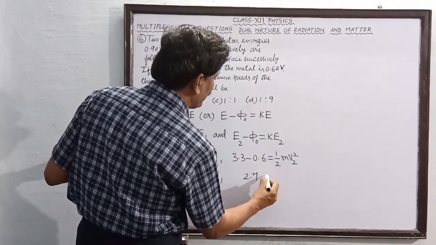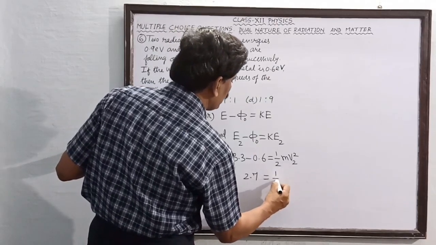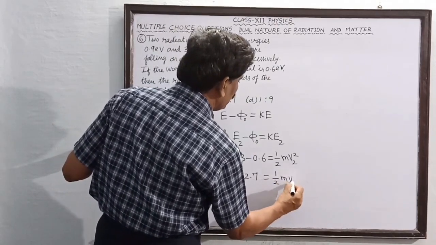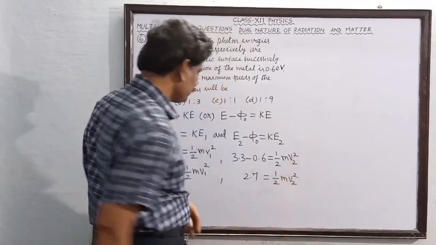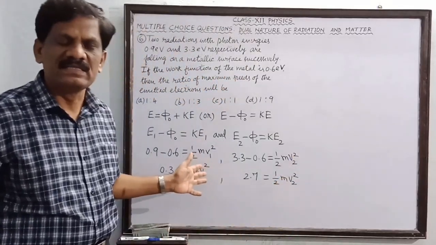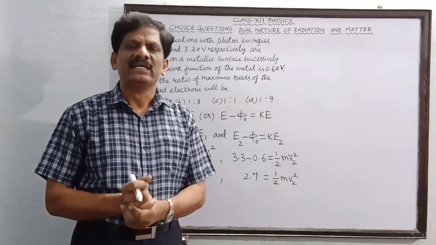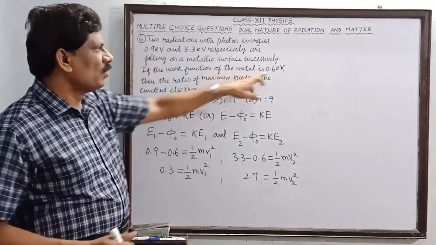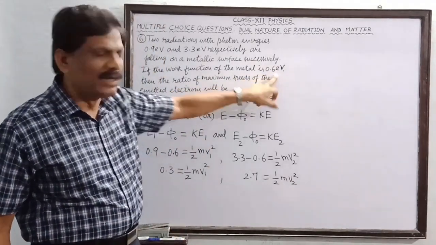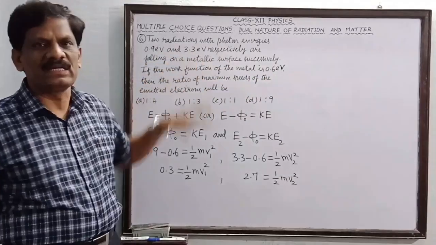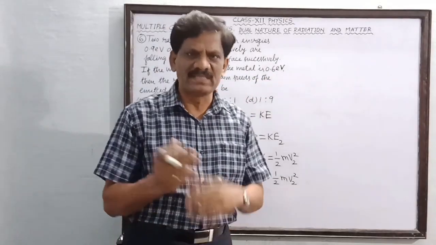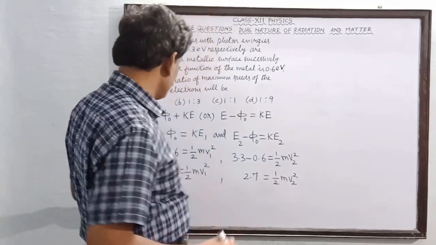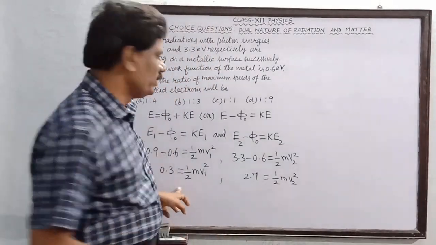So 2.7 is equal to half m v2 square. Have you understood, students? With direct substitution, we need not convert to joule because the work function and the incident energy of the photons are both given in electron volt. So it's an easy numerical. So I am going to divide the two equations.